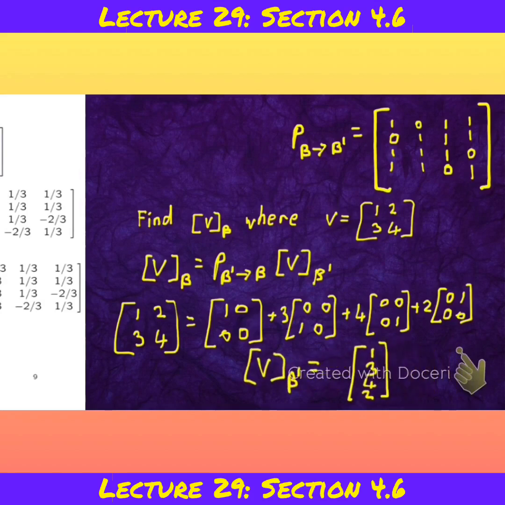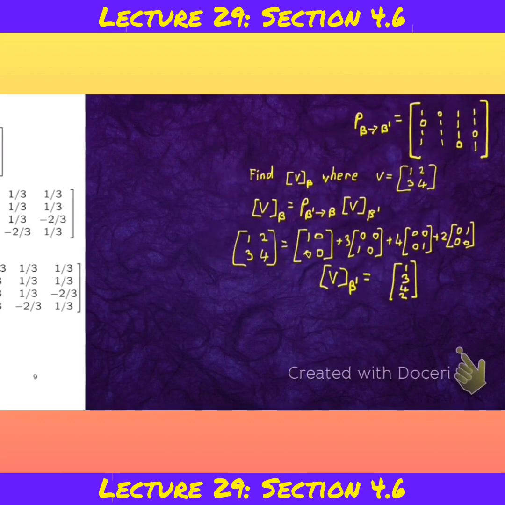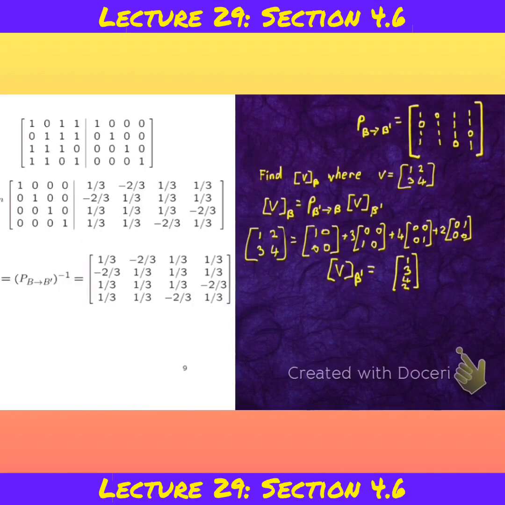Right, so reading off my coordinate points, we get the following. Recall that my change of basis matrix, that one there, is that whole matrix.